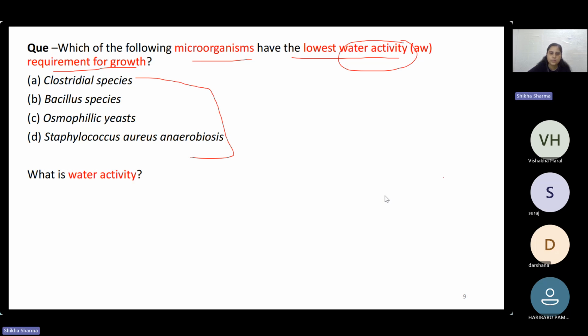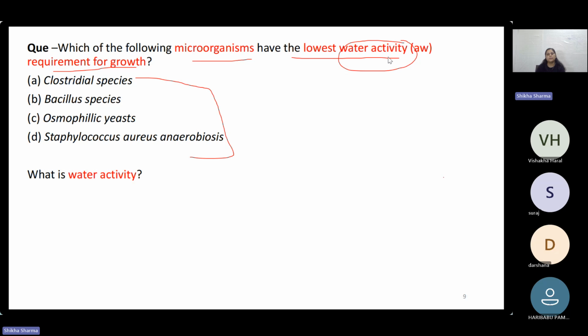Where microorganisms easily adapt themselves and grow, 0.98 to 0.9. Yes, Suraj. If the water activity is more than 0.97, they can grow easily. But here the question asked about low water activity, and I asked what water activity is and the difference between water activity and equilibrium relative humidity.